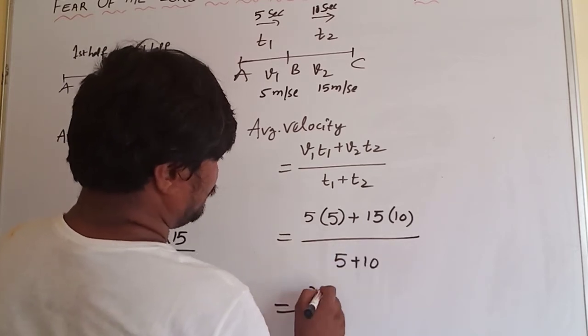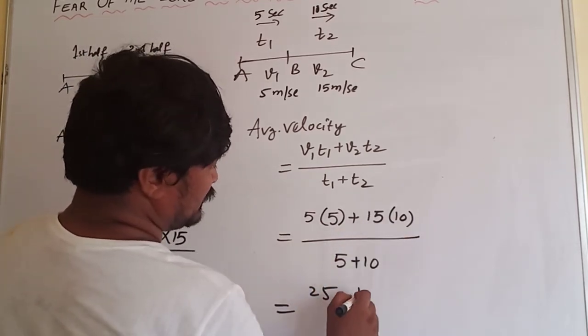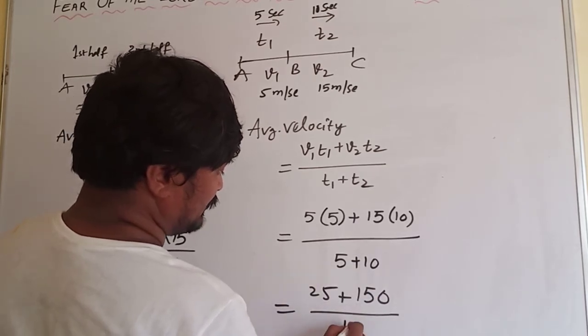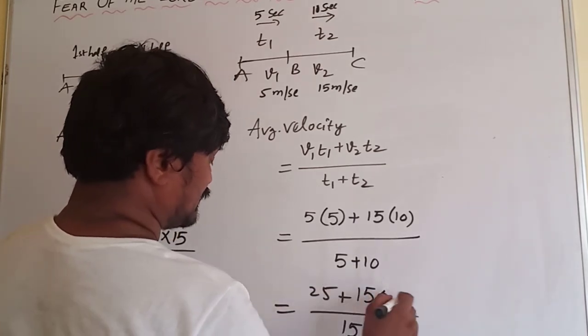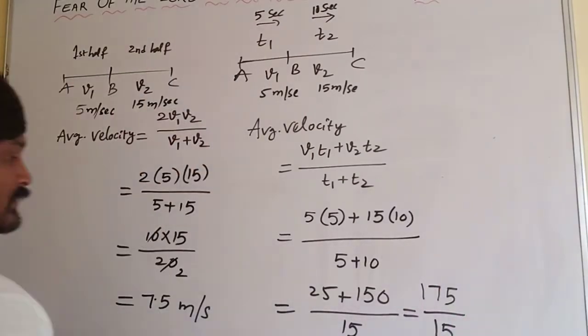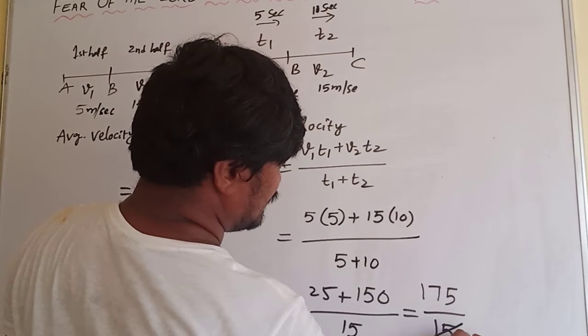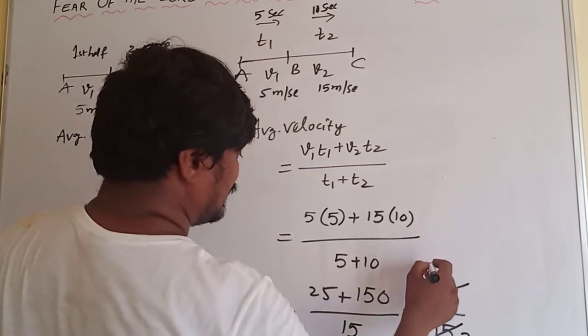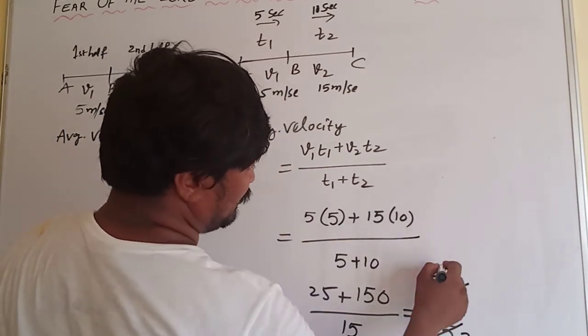5 5s are 25, 15 into 10, 150 upon 10 plus 5, that is 15. So 150 plus 25, 175 upon 15. Now I go with the 5 table, 5 threes are 15, 5 fives are 25.